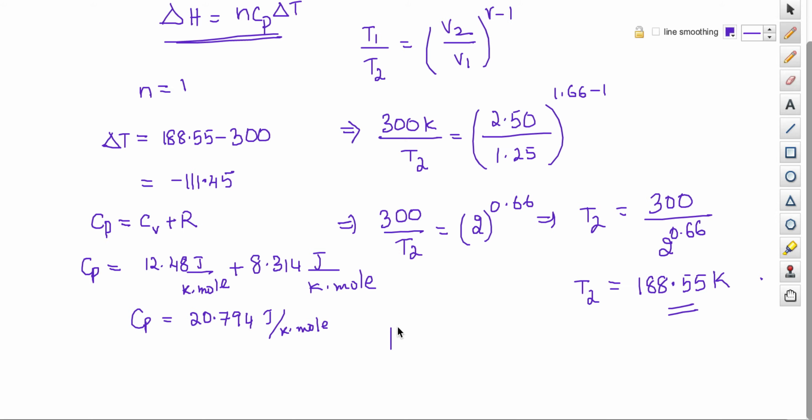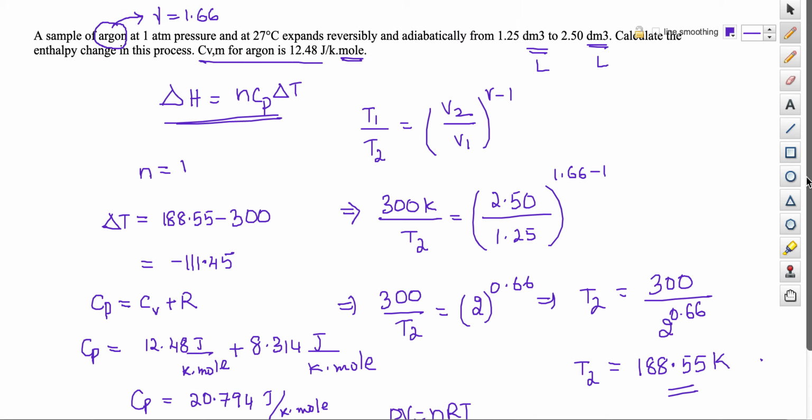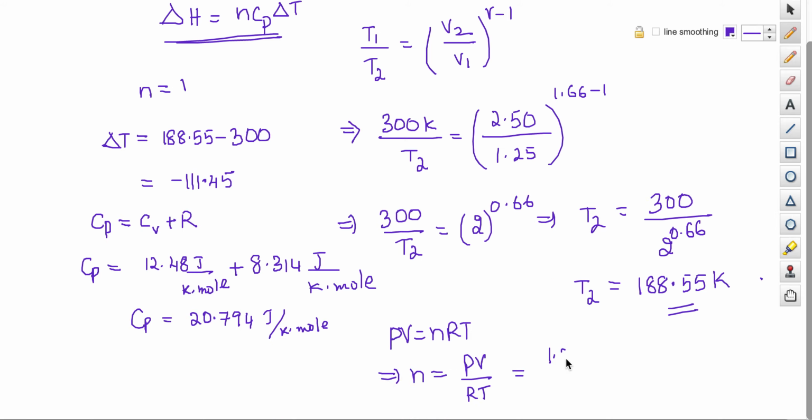So that is PV is equal to nRT. So from this I can write n equal to PV over RT. Let's take the initial condition. In the initial condition we are having, sorry, it is actually expansion, yes, okay. So 1.25 volume, and what's the pressure? 1 atmosphere divided by R value, we know in liter atmospheres, that is 0.0821 times what is the temperature? 300 Kelvin.